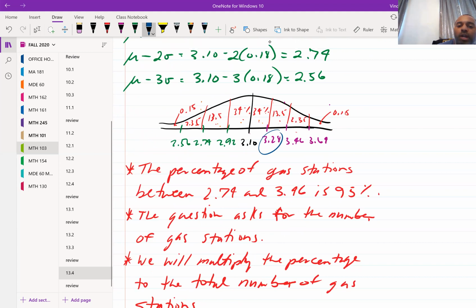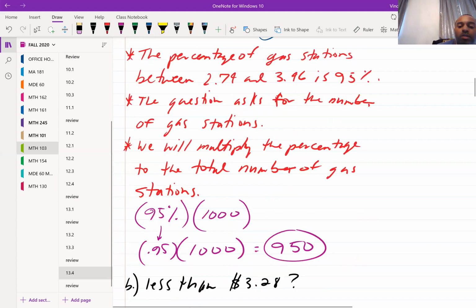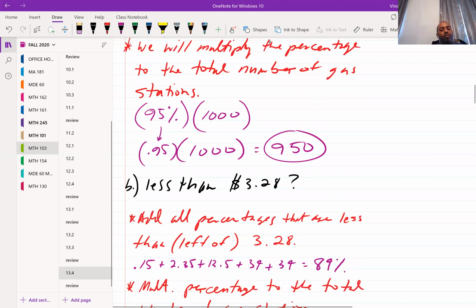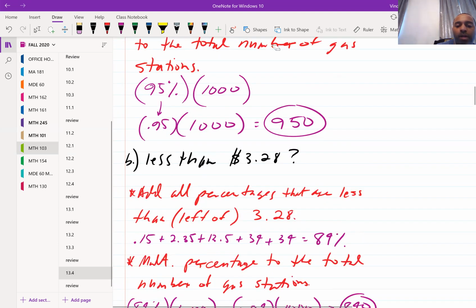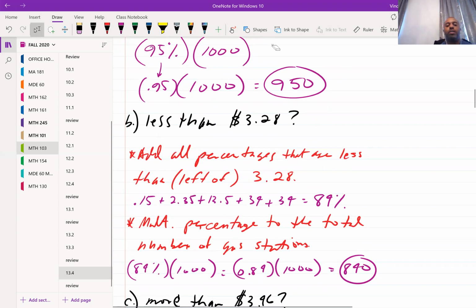328 is right here. So we're going to add up all of the percentages that are to the left of 328. So we're not talking about these values down bottom, we're talking about the percentages. So that's why I have 0.15, 2.35, 13.5, 34, 34. Adding those together will give us 84%. And then just like before, we multiply the percentage by the total number of gas stations. So that's 0.84 times 1,000.